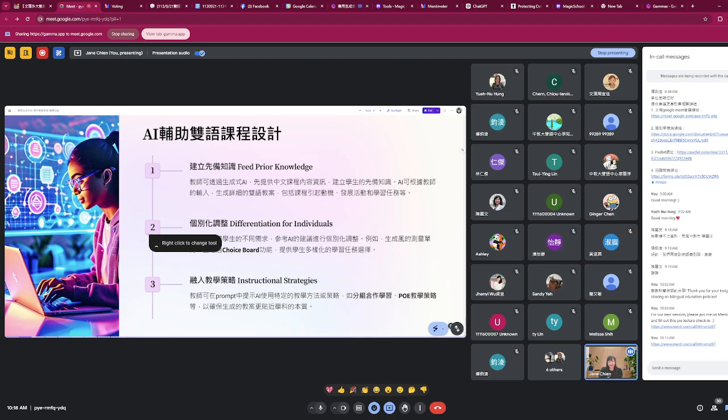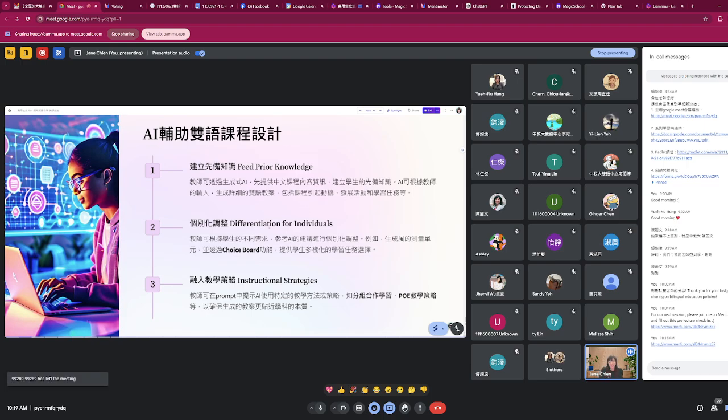We need to feed the AI with our prior knowledge, and we could provide our instructions in Chinese. If we have 课纲 or learning objectives in Chinese, you could also feed that information to ChatGPT or MagicSchool so that it'll help us plan.